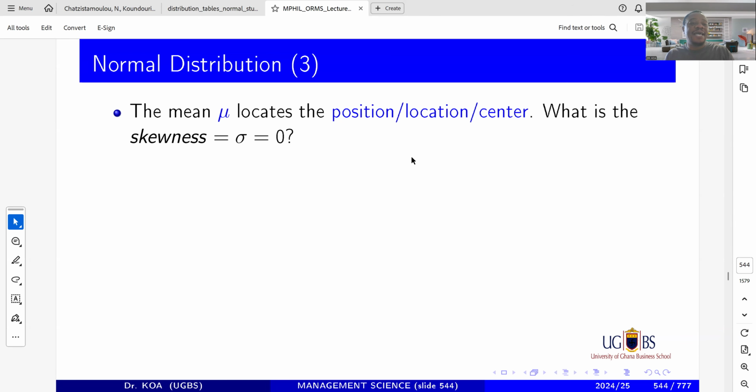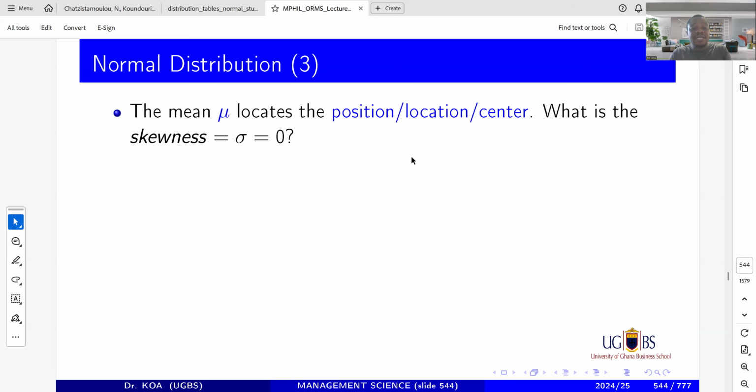And when is the skewness 0? The skewness is 0 when everybody has the same value. So let's say they are talking about 20 children and all of them are aged 8 years old. So the deviation is going to be nothing, 0, 0, 0. That deviation becomes a skewness.